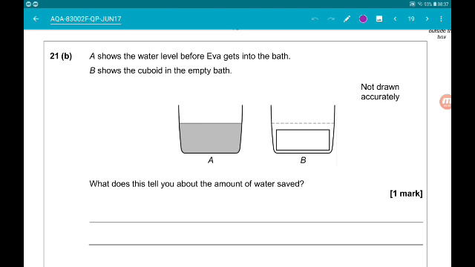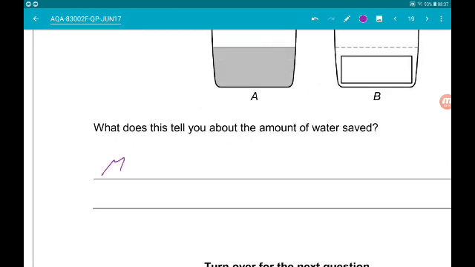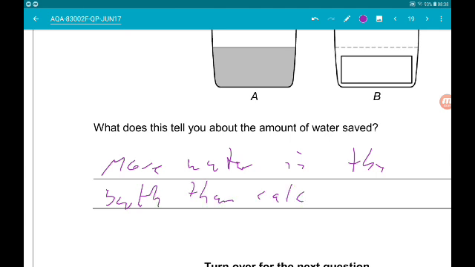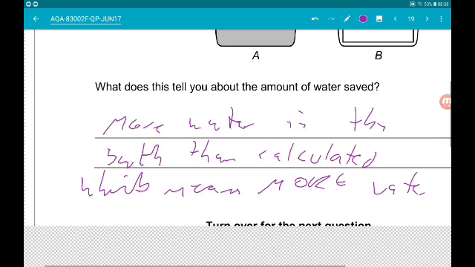So there's more water in the bath than calculated, which means more water will be saved.